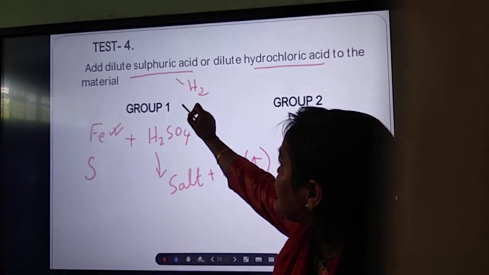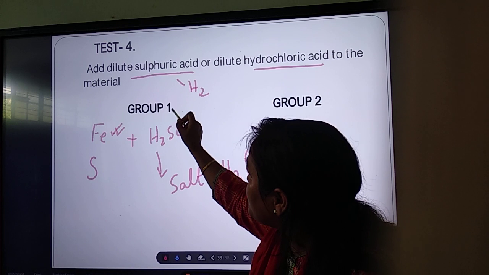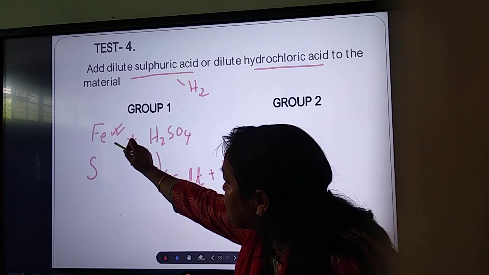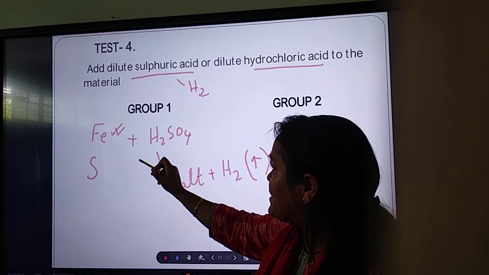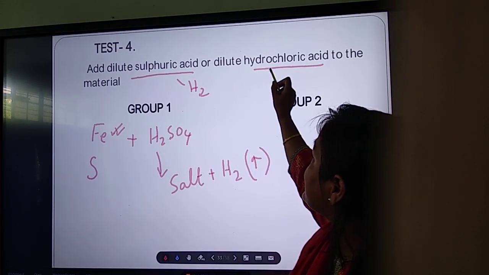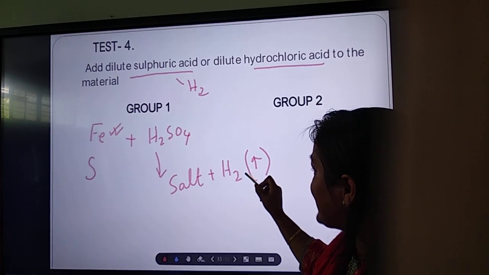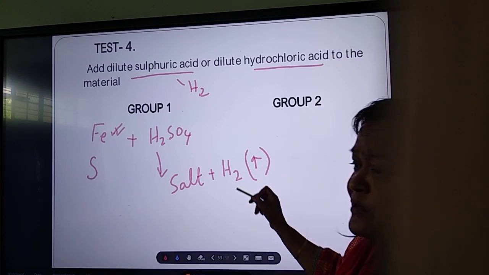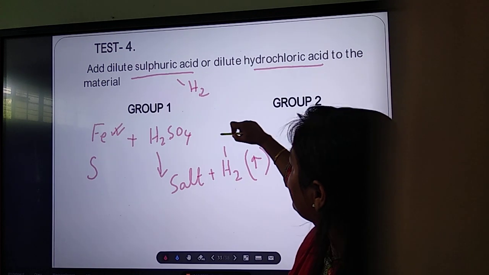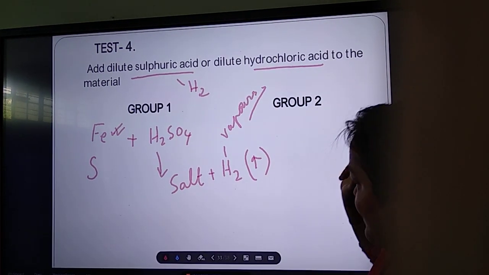So in group A, iron filings are a metal, so they will react with dilute sulfuric acid or hydrochloric acid to form a salt and hydrogen gas, which comes out of the test tube as vapors.